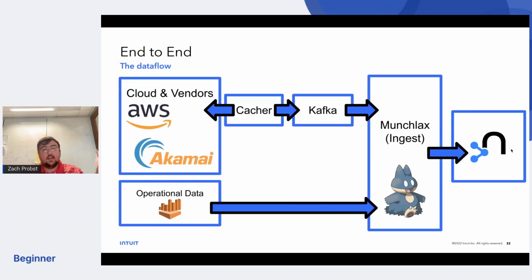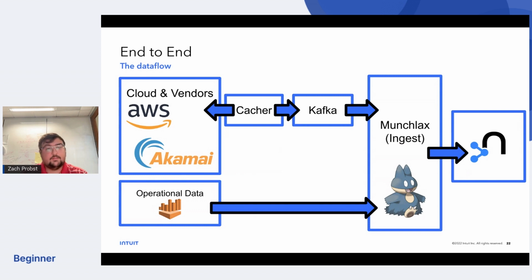And so here's the end-to-end flow of all of this. The data is on the left, the graph database is on the right, and the story in the middle is what we've been talking about so far. We have some things that come out of data warehouses, operational data that we can just read directly in through cron jobs.